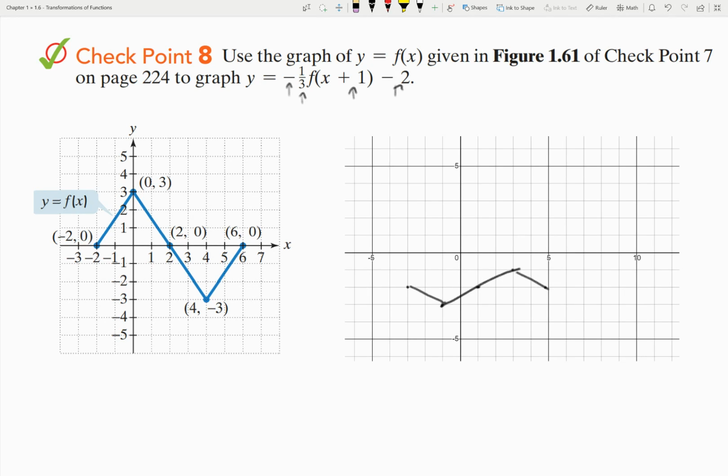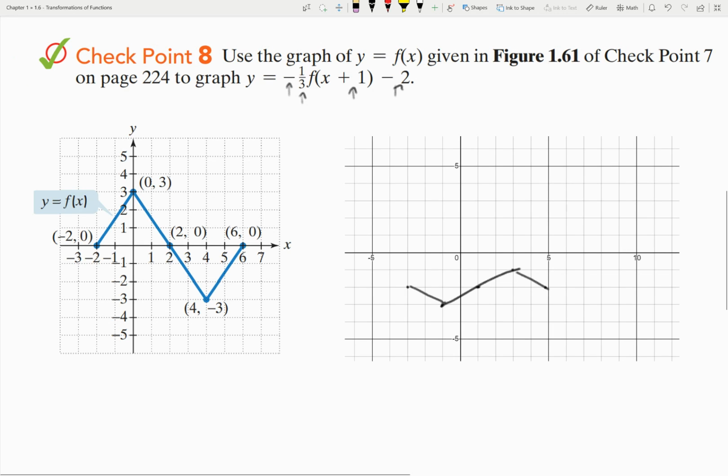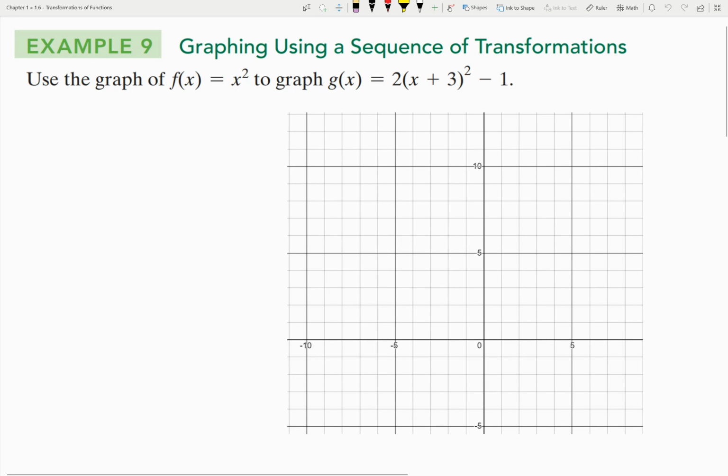So easier to do it one at a time than to try to look at that picture and move it around. But what is actually easier is to graph a function that you know what it looks like already. Instead of some weird function with a bunch of different points on it, graphing a parabola is much easier because I can jump right to the starting point.